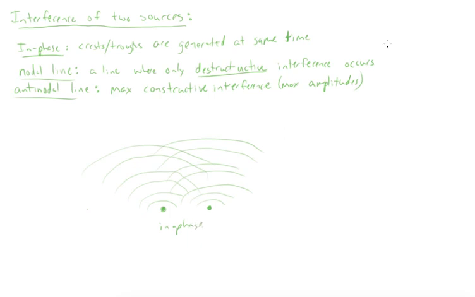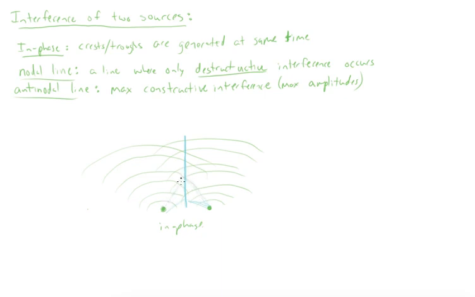And what's going to happen is if we look at a line right down the middle, right between them, every point on this line is equidistant from both of these speakers. So I could look to here, and it's going to be the same distance away from here, and up here, same thing.